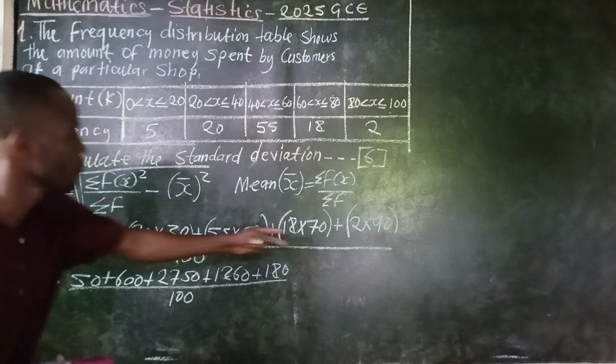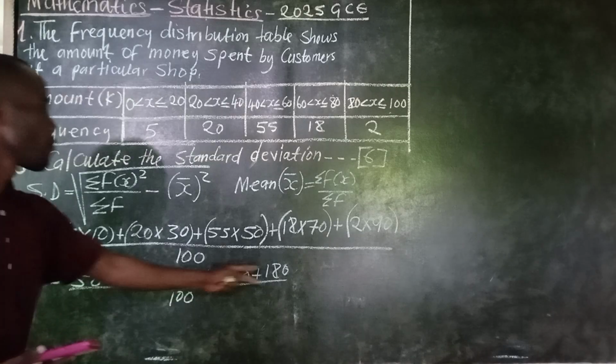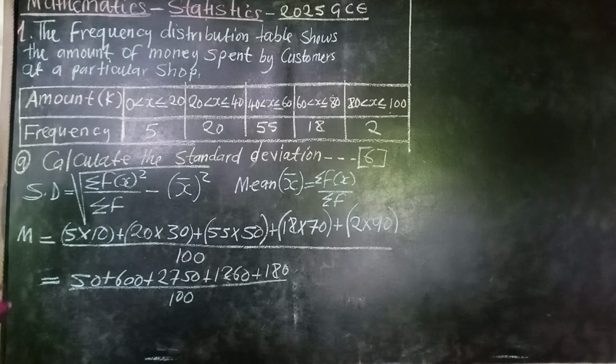Okay, so now when you add all these, what are you going to have? So we have 1, 2, 3, 4, 5. That is 1, 2, 3, 4, 5. Okay, we are correct. Then from there now we can add everything on top. So 50 plus 600 plus 2,750 plus 1,260 plus 180. Okay, so what are you having?